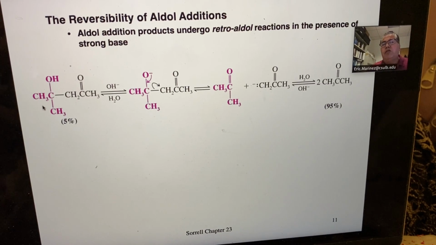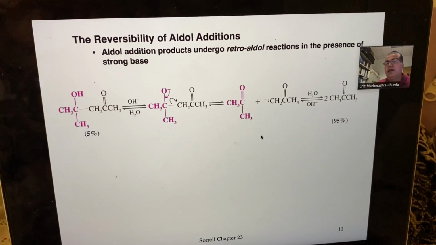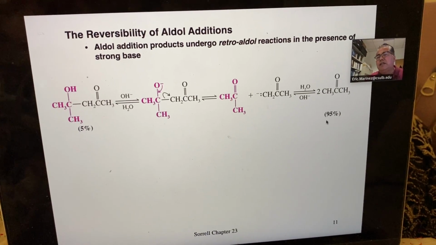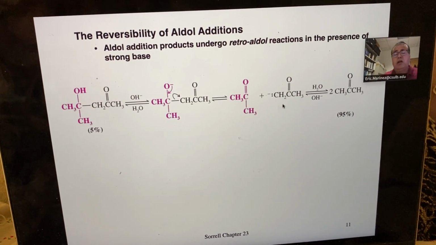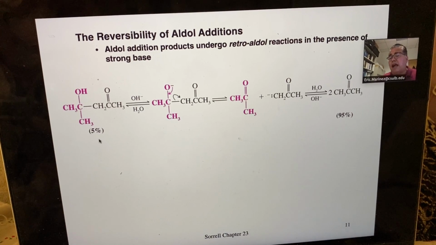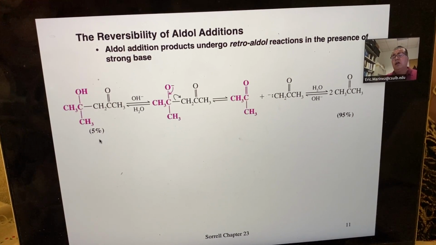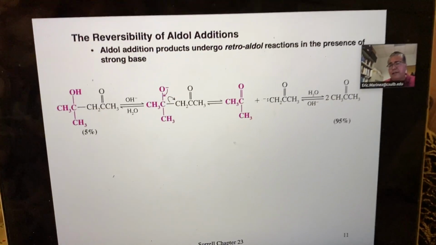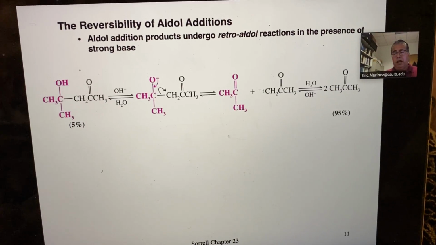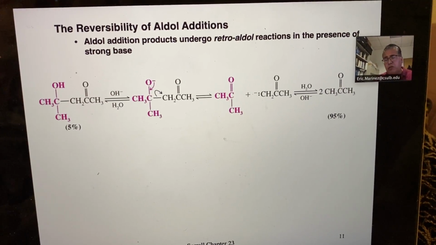Notice that for the equilibrium of this reaction, 95% of it exists as the monomer, whereas only 5% exists as the dimer. Okay, so again, in general, under basic conditions, ketones are not very reactive. That's the take-home message. Okay, this reaction really works well with aldehydes.